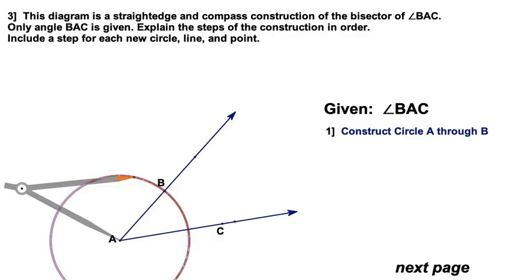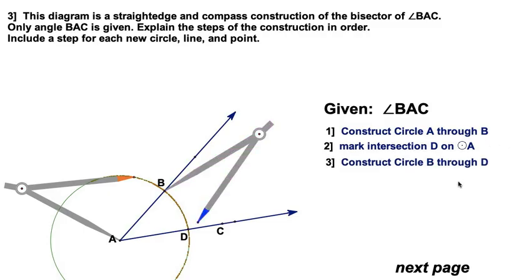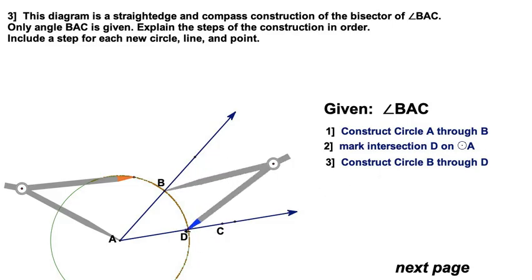In step 2, we mark the intersection D on circle A. If I was being really exact, I'd say mark the intersection of circle A with ray AC as D. But I think we're pretty good right there. Then I'm going to construct circle B through D. Again, I'm gapping it here.